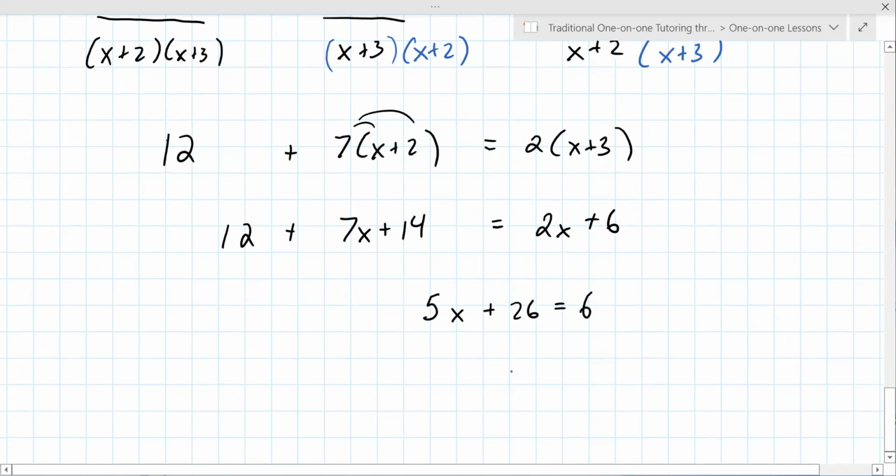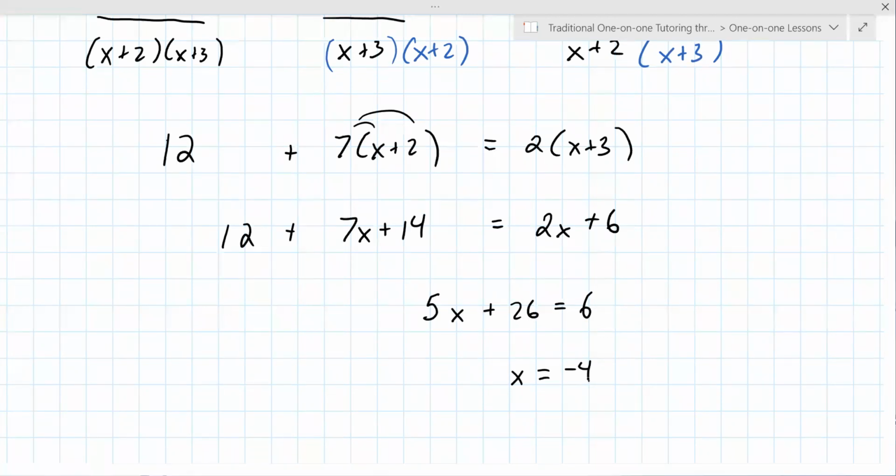So it looks like x equals -4 when you're all done. And that's okay. That one works out just fine.